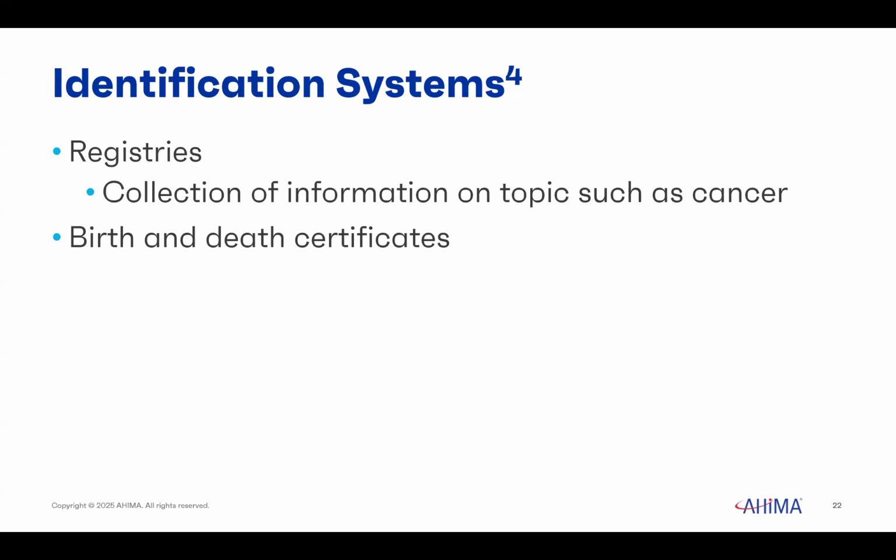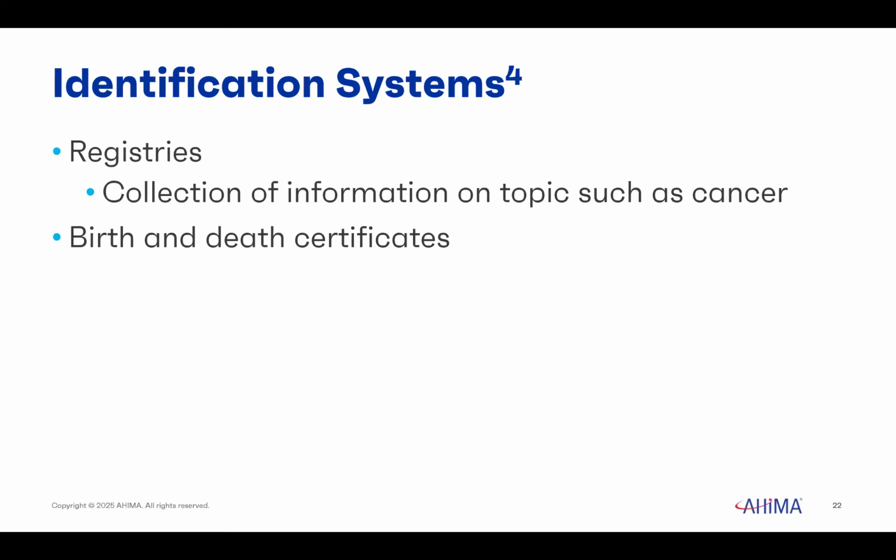Another pair of terms that we'll hear a lot, and which have survived paper records and continue to be with us, are registries and vital statistics. Let's talk about registries first. Registries are basically a collection of information or databases on a common topic.